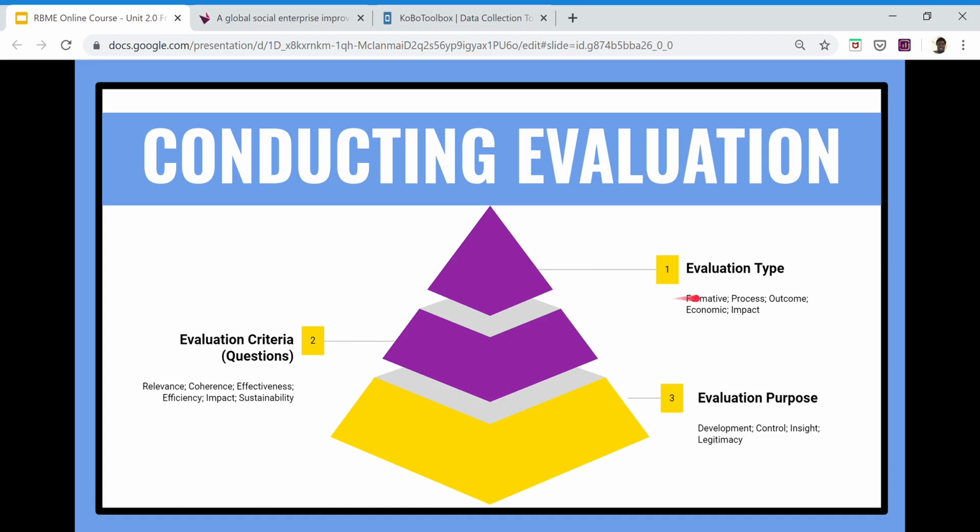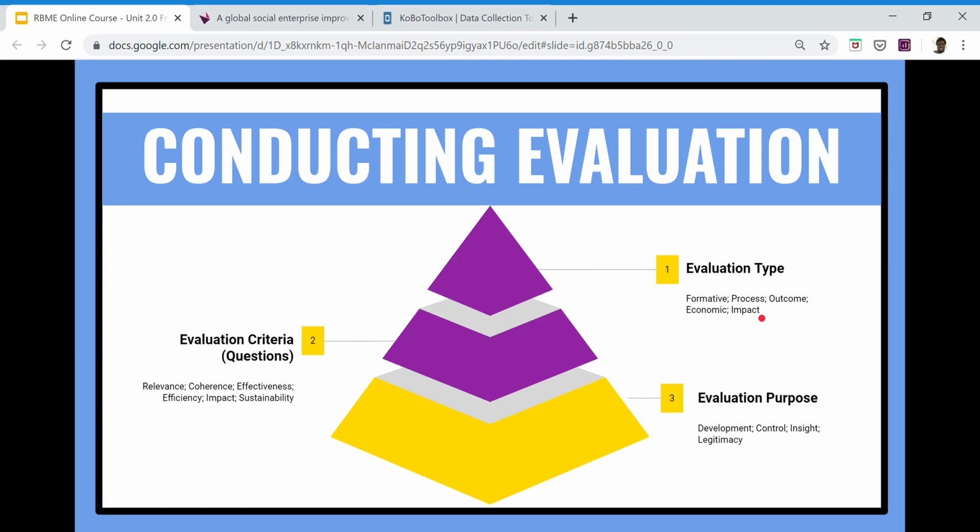Sometimes it's called ex ante evaluation. And also the impact and outcome at times is called the summative evaluation. So these are different terms that are used in several literatures. But what's important is to understand the basics of this.